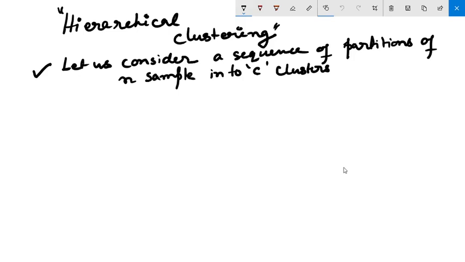The next is a partition into n minus 1 clusters. That means first you will be having n clusters, then the next is a partitioning. So this is how the hierarchical clustering method works.